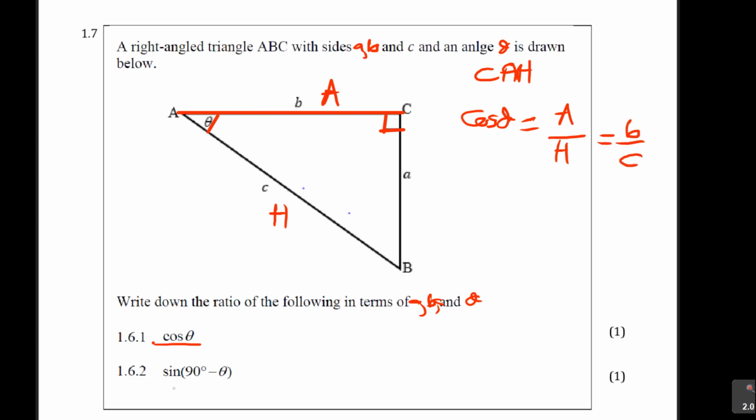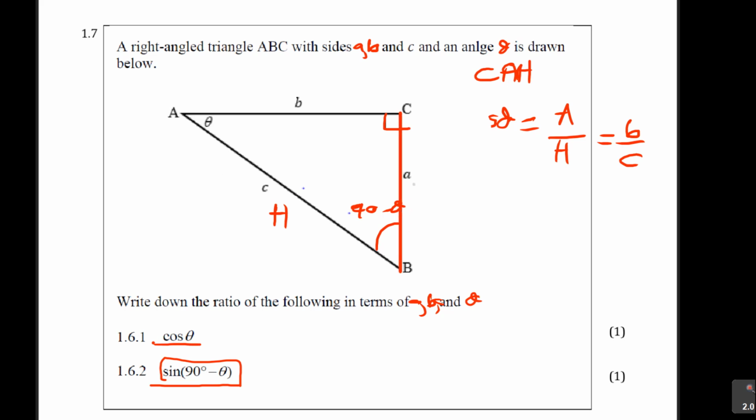Then sin of 90 minus theta. Now, if this is theta, this is 90, this is 90 minus theta. So what is sine there? If you are using this angle, you erase here also. Look at this. I've got my 90 degrees, and then I've got my line like this. See that?